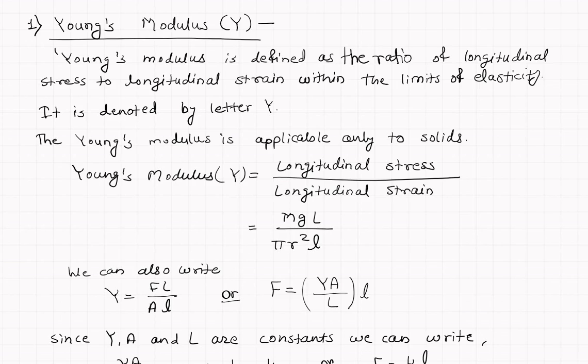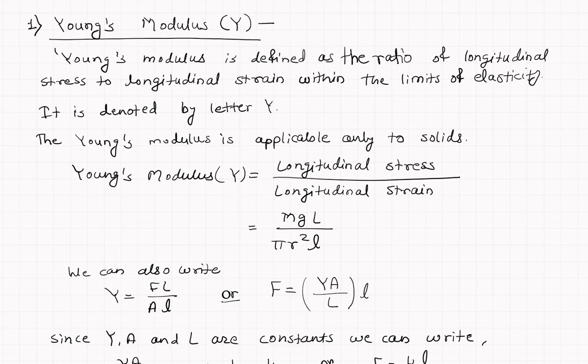Young's modulus is applicable only to solids. Young's modulus Y is equal to longitudinal stress divided by longitudinal strain. Longitudinal stress is mg by A divided by longitudinal strain. We can also write capital Y is equal to F into capital L divided by A into small l.